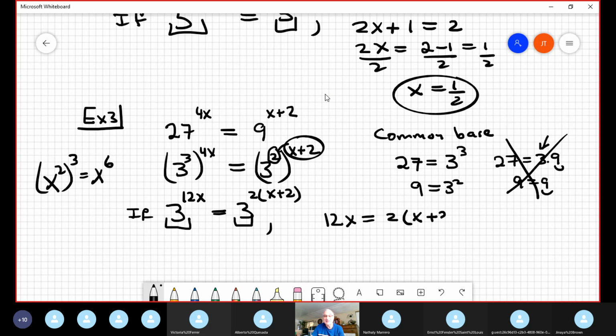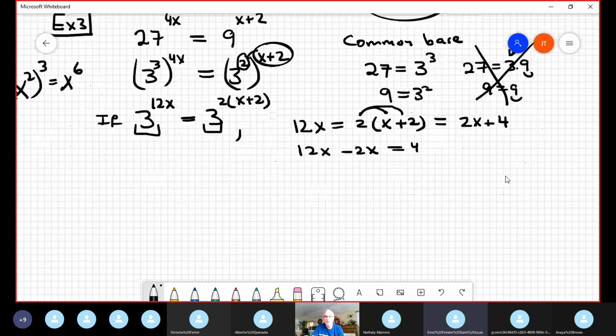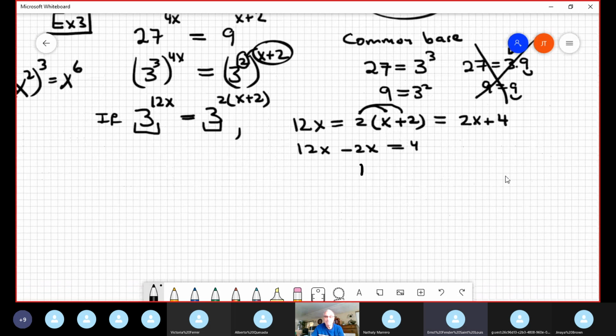When you solve this intermediate algebra equation, apply the distributive property: 2x plus 4. Try to solve for x. Subtract 2x, equals 4. Combine like terms.